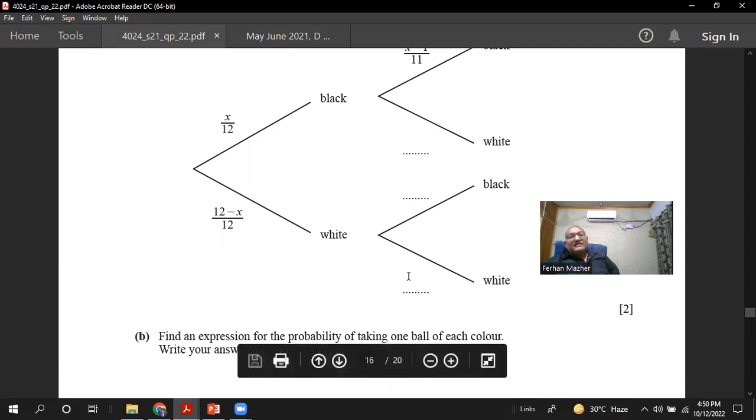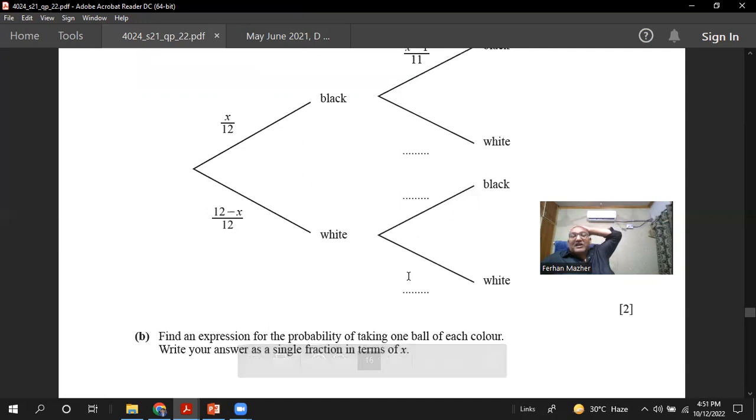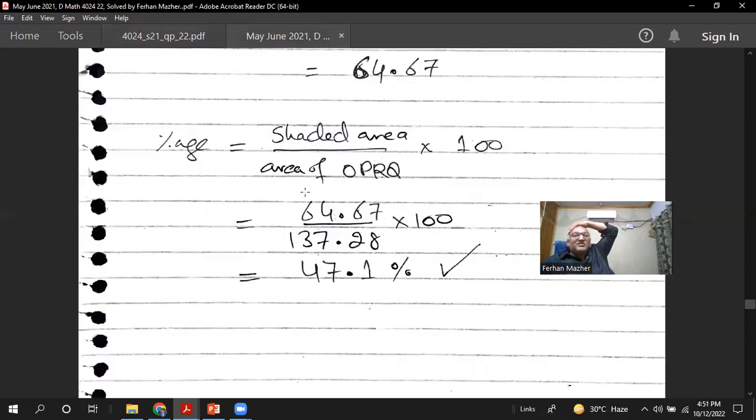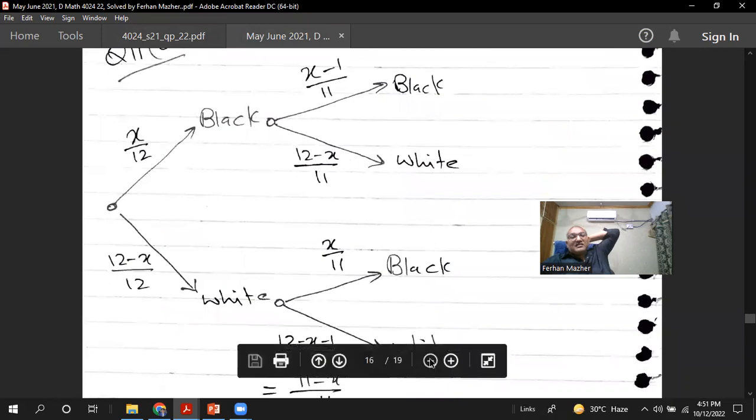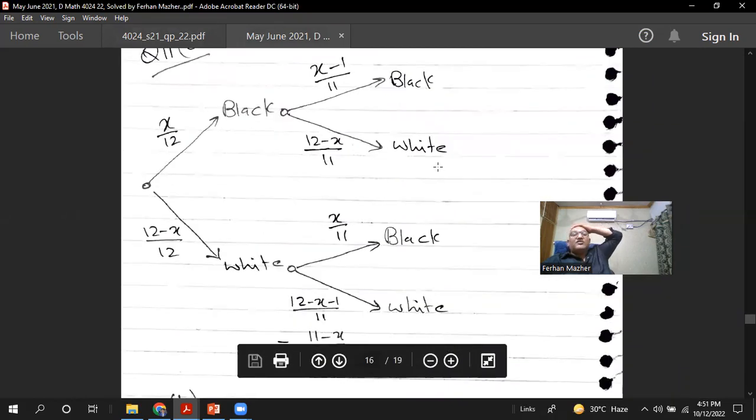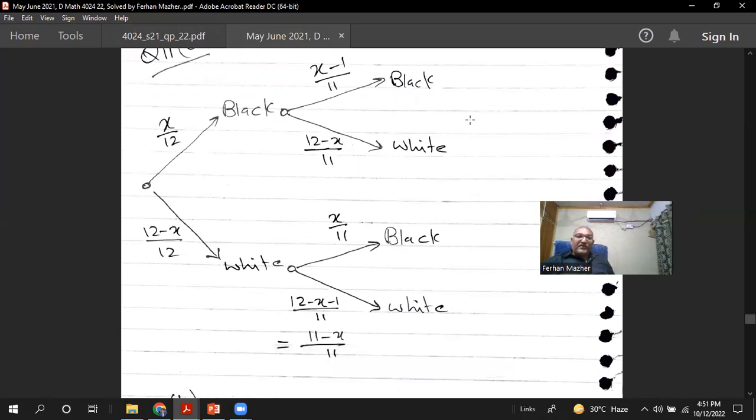And the chance that the next ball is also white is 12 minus X minus 1, the whole thing divided by 11, so it becomes 11 minus X by 11. So let me show you. I have completed that diagram as well. On your screen, I hope you can see that the whole tree diagram has been completed.